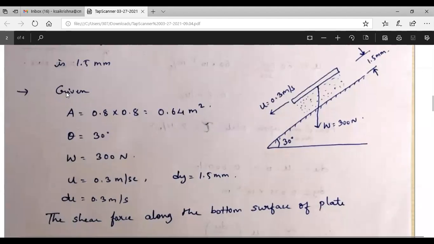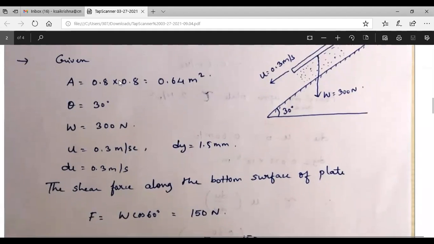So write down here the given data. A equal to 0.8 into 0.8, that is 0.64 meter square. Up to W, write down. Next, U is given as 0.3 meters per second, and the final U we can take as 0. So du becomes U1 minus U2, initial minus final, 0.3 only, so du equal to 0.3.